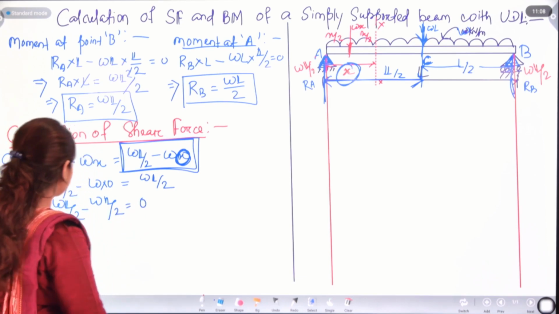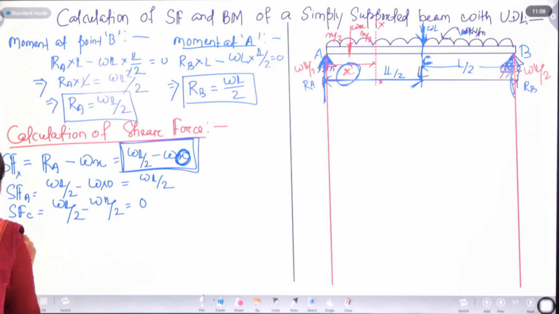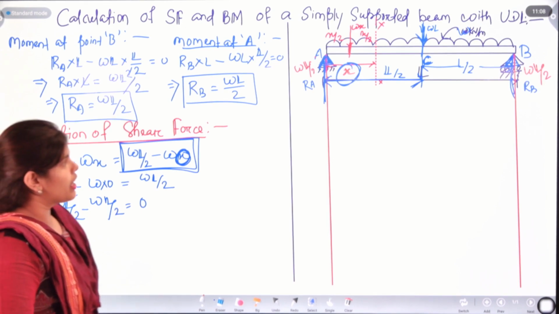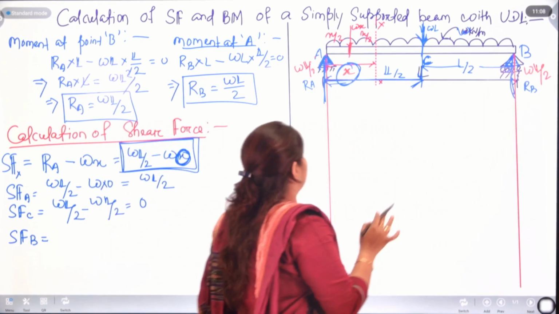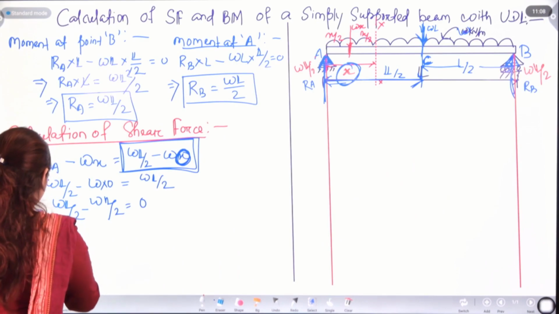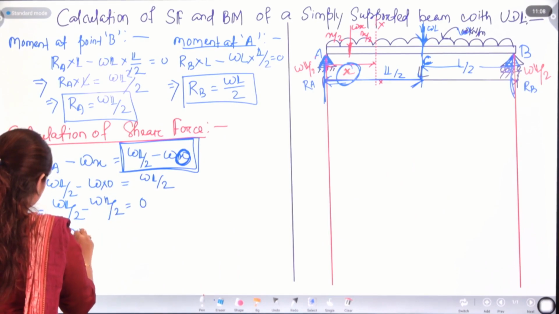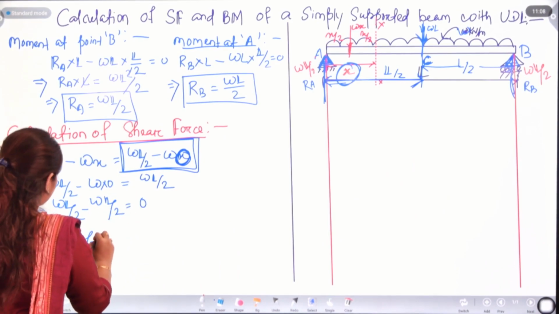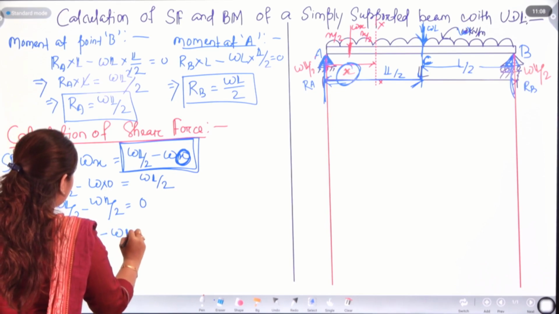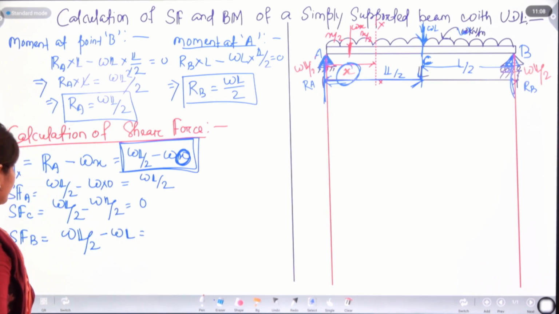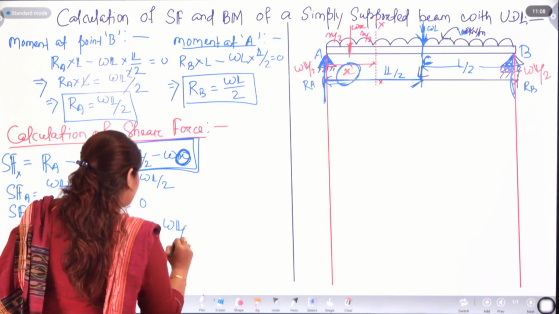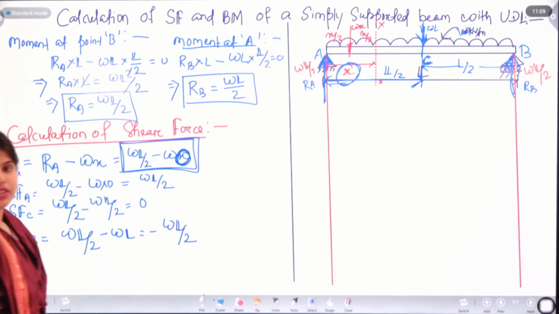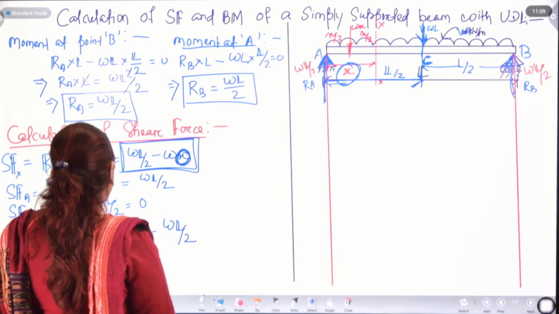Okay. Next is what? Shear force at point B. You can see at point B the whole length is L. So, it will be WL by 2 minus W into L. So, we are having shear force at B, that is WL by 2 minus or negative WL by 2.